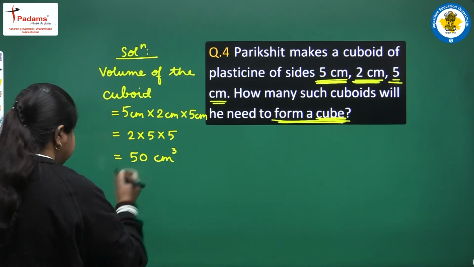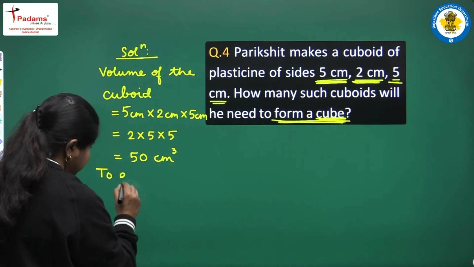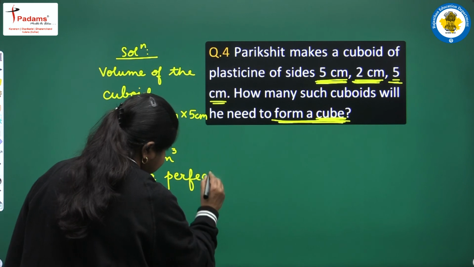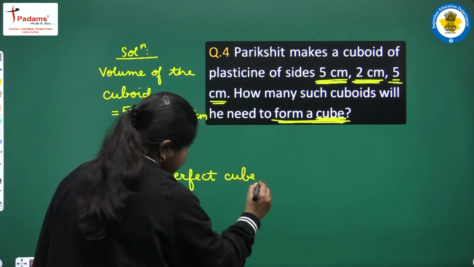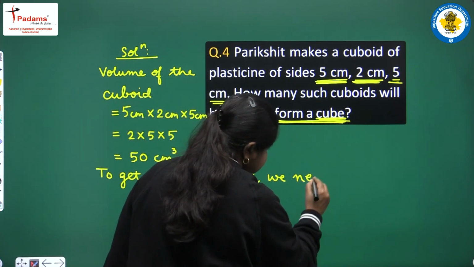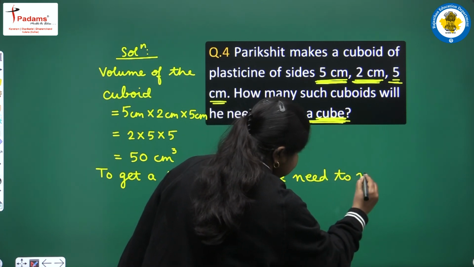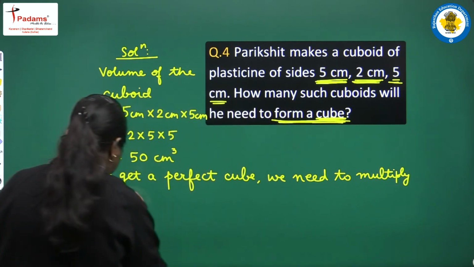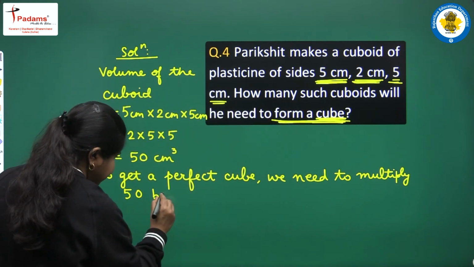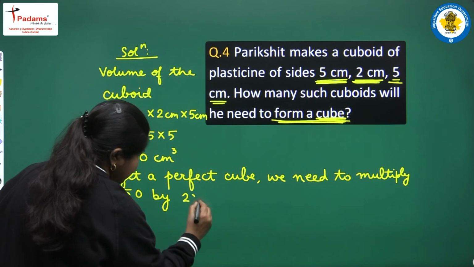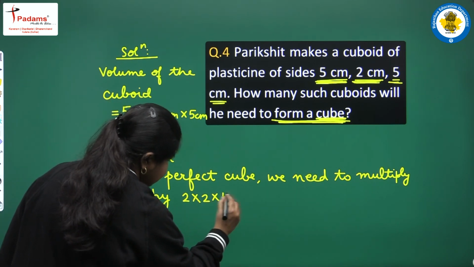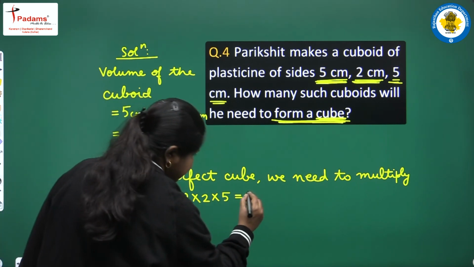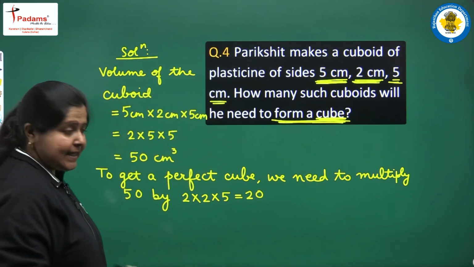Let us write it here. To get a perfect cube, we need to multiply 50 by 2 times 2 and 1 times 5, and this is equal to 2 5s are 10 and into 2 it's 20.